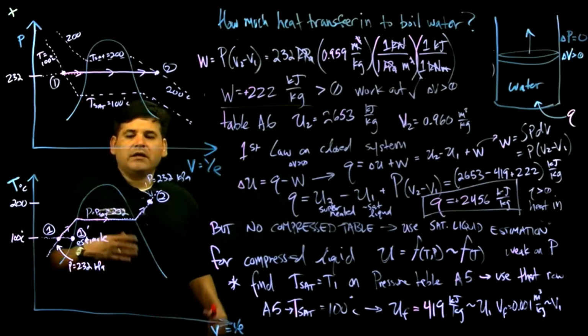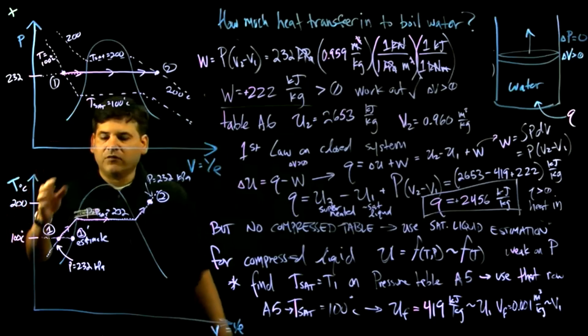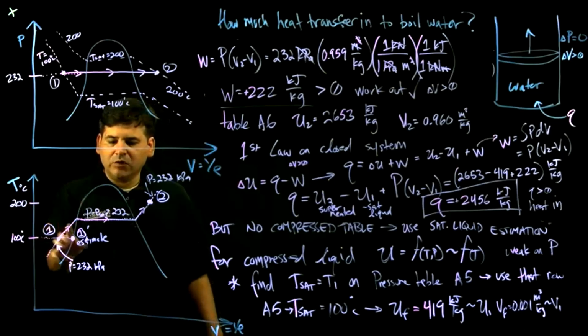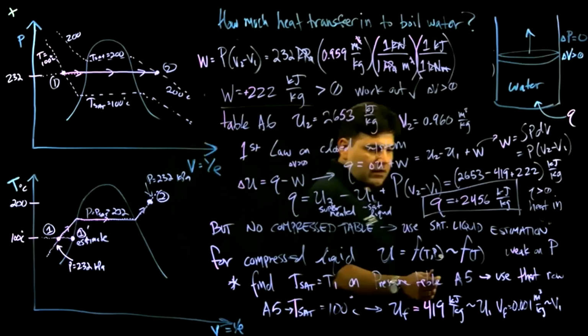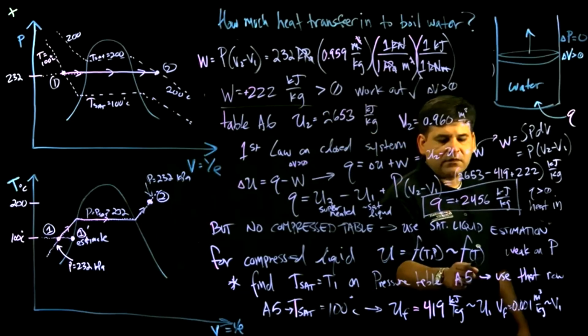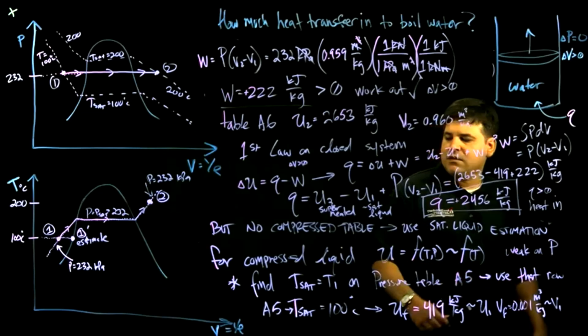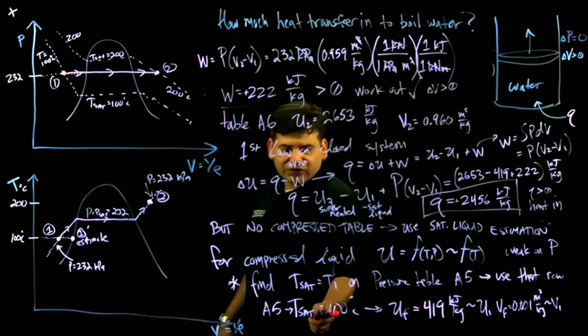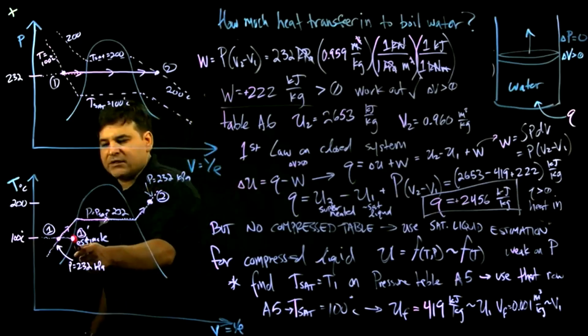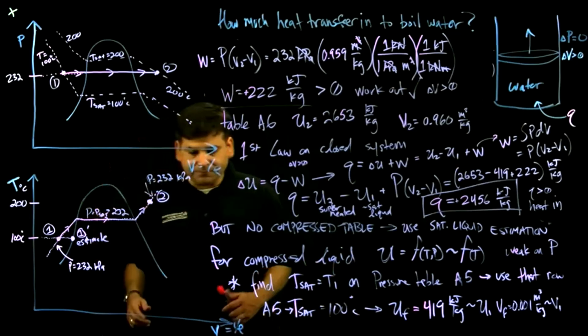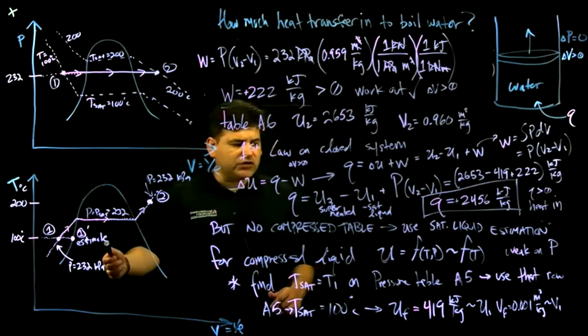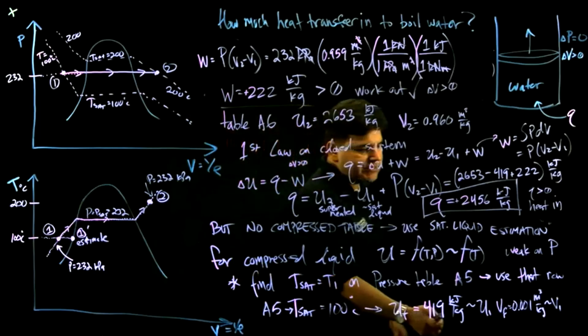That tells us where to go on the tables. The first table was compressed liquid, but we applied this estimate because compressed liquid only depends on temperature as a good estimation. So as long as we use the same temperature at this saturated condition, those values will give you good estimations of the properties.